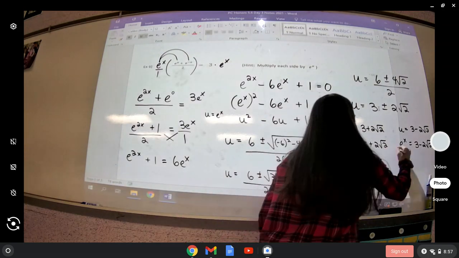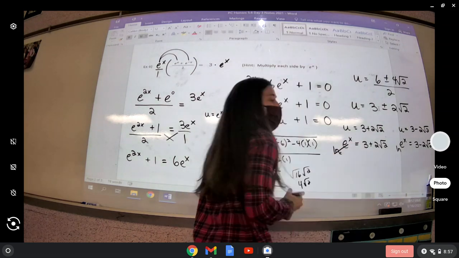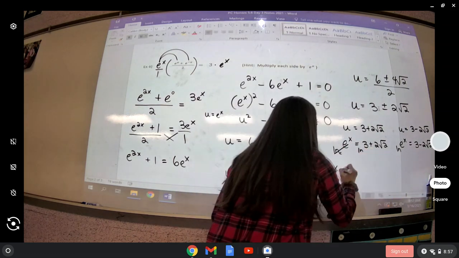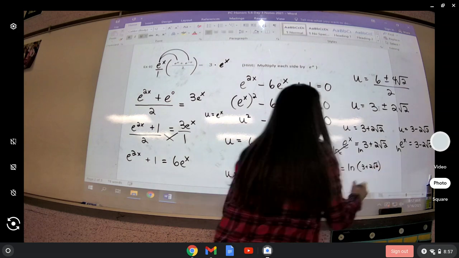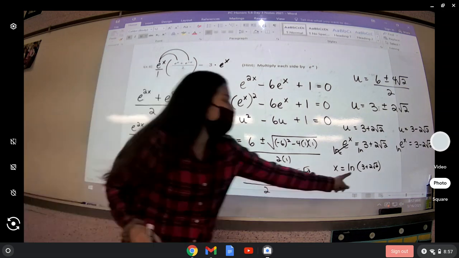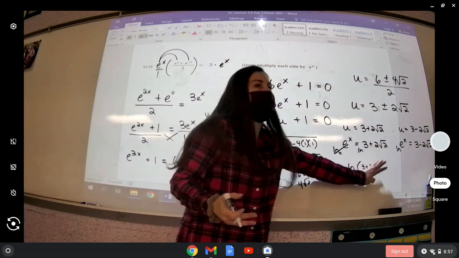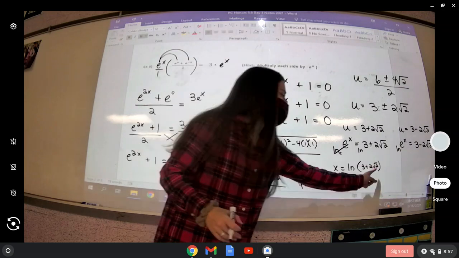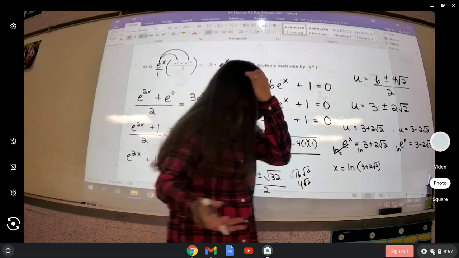So if I natural log both sides, the natural log base e and a base e exponential, they cancel. And x is equal to the natural log of 3 plus 2 root 2. Now, as long as 3 plus 2 root 2 is not a negative number or 0, you're okay. And guys, it's not. The square root of 2 is like 1.4, times it by 2 and add 3. It's definitely going to be a positive number bigger than 0.